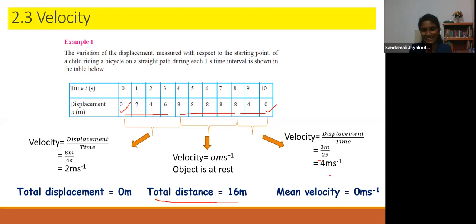That is why I am asking that again. That day I told you that here it is wrong, but it should be mentioned as -4 m s^-1. Yes, that is the answer. That gives us an idea that it is moving backward in the opposite direction.